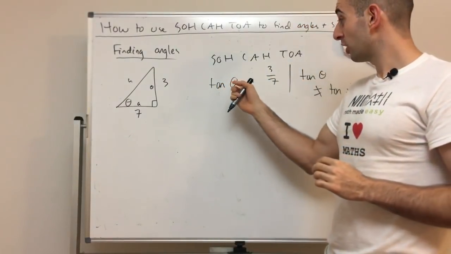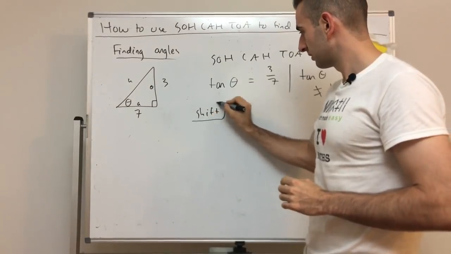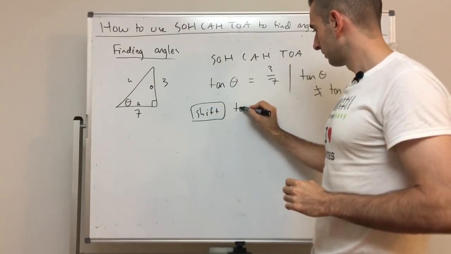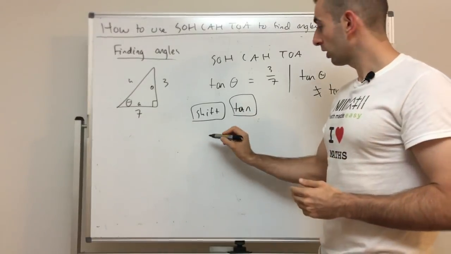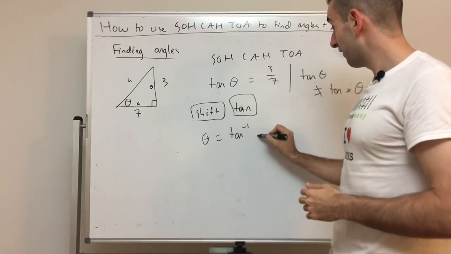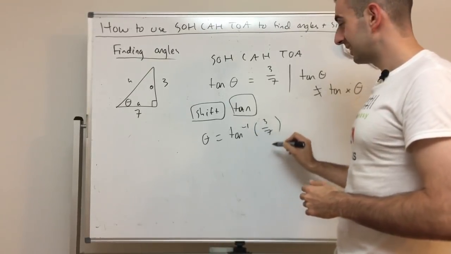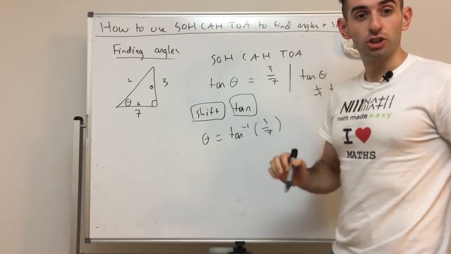So to solve this, we're going to use the shift tan button on the calculator. So what that will look like is it'll be theta equals tan inverse 3 on 7. So this is not a power, this is the inverse button. This is the shift tan.